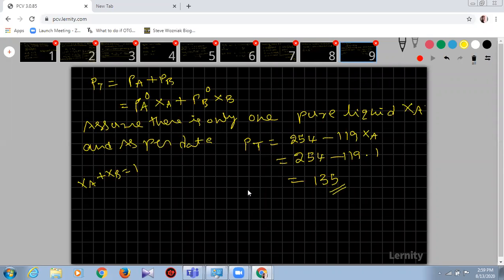This P total is because of only the pure liquid A. That's why it is the vapor pressure of component A.